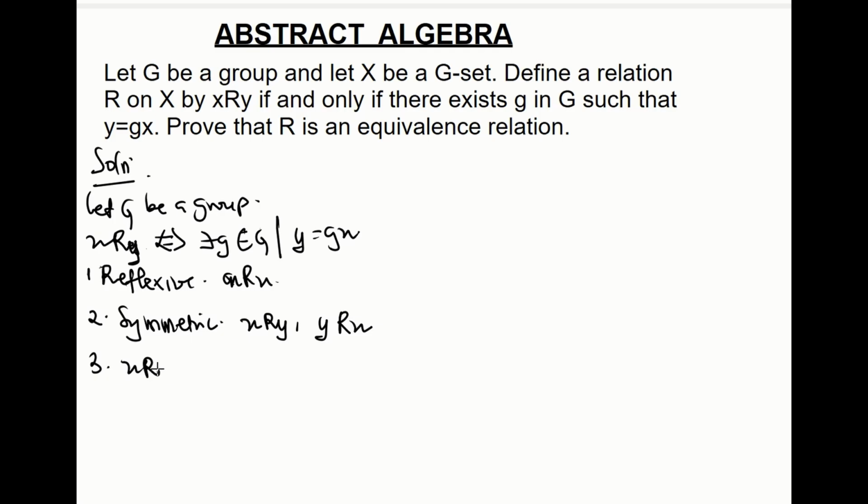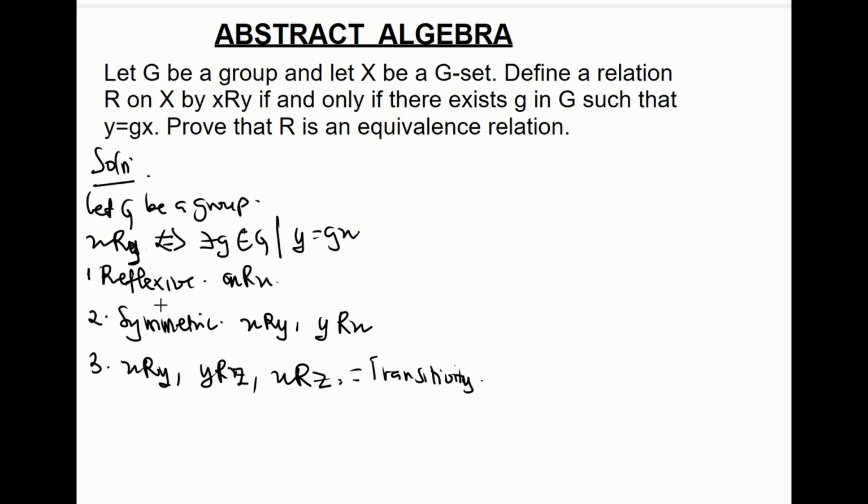If x relates to y and y relates to some z, then x relates to z. If that is done, then this is transitivity. Okay, then we can see that our relation is an equivalence relation.